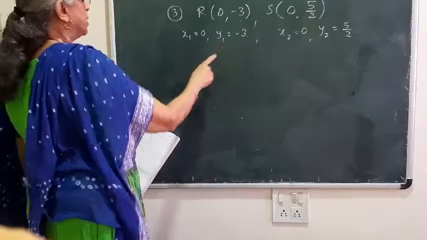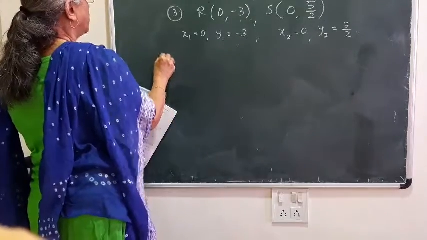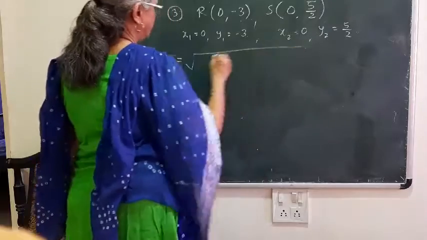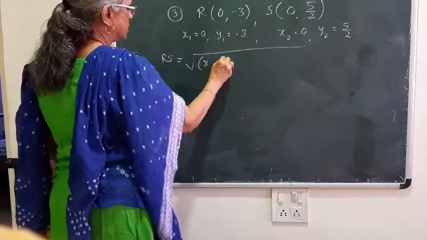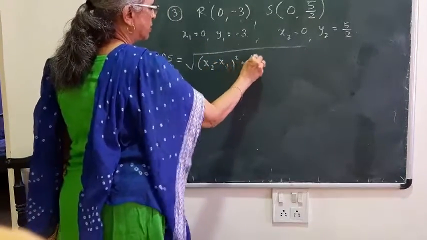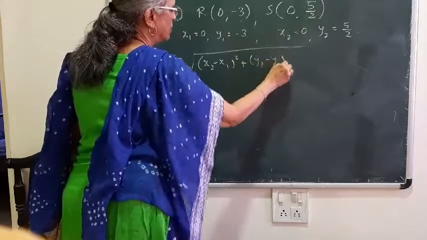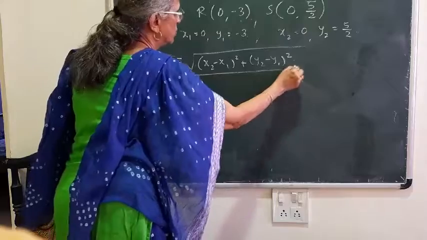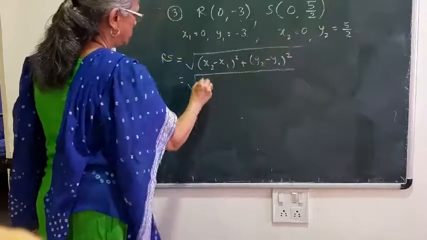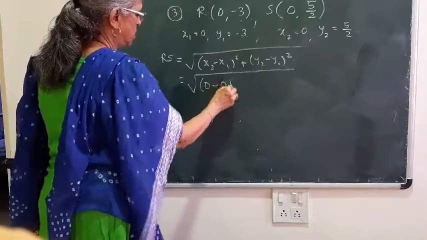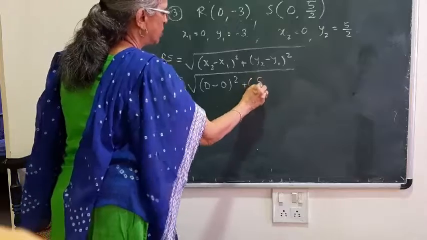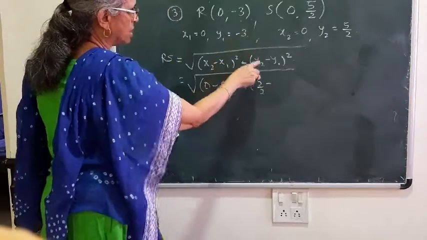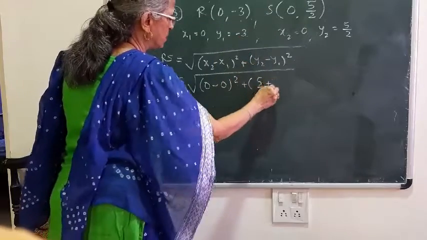First label like this, then you write the formula. RS is equal to root of (x2 minus x1) bracket square plus (y2 minus y1) bracket square. Now I will put the values: x2 is 0, x1 is 0, plus y2 5 by 2, y1 is minus 3. So this minus 3 with this minus sign will become plus 3.